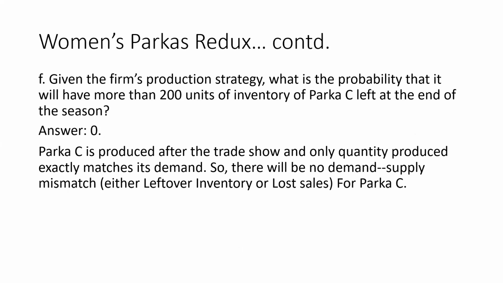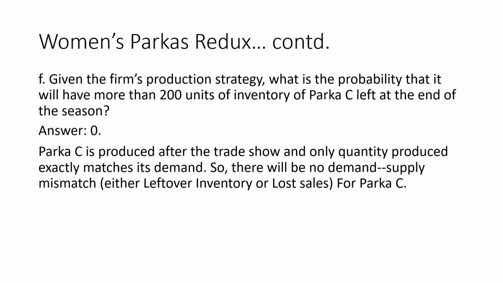Given the firm's production strategy, what is the probability that it will have more than 200 units of inventory of Paca C left at the end of the season? Paca B and Paca C, we produce after the trade show. So we recorded the Paca B and Paca C demand before the trade show, and we produce after.